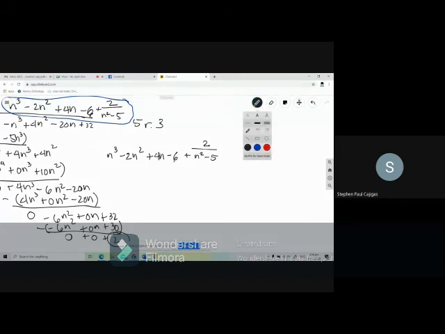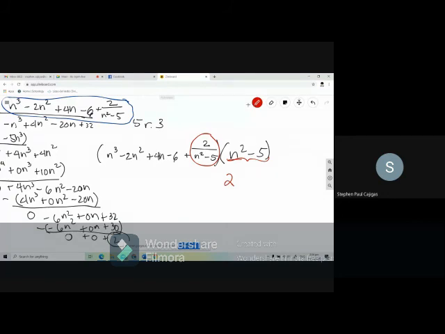If you want to check using multiplication, you multiply this fraction by n squared minus 5. You do not multiply only n squared and then the 5. Instead you multiply it to the whole n squared minus 5, and the product is 2.